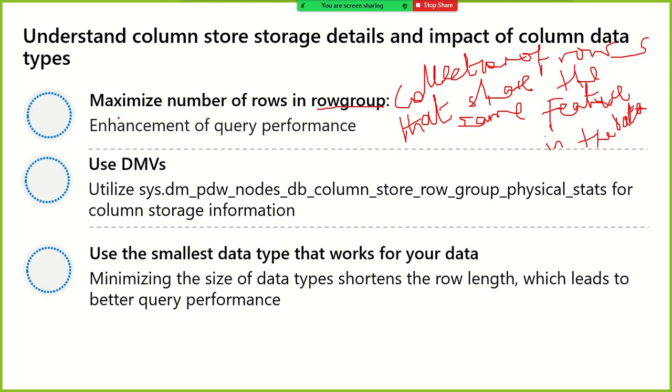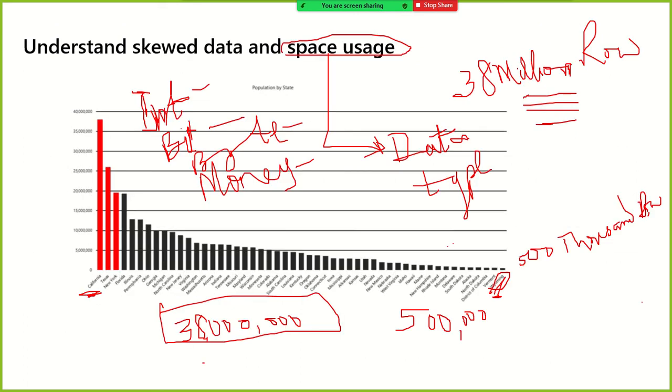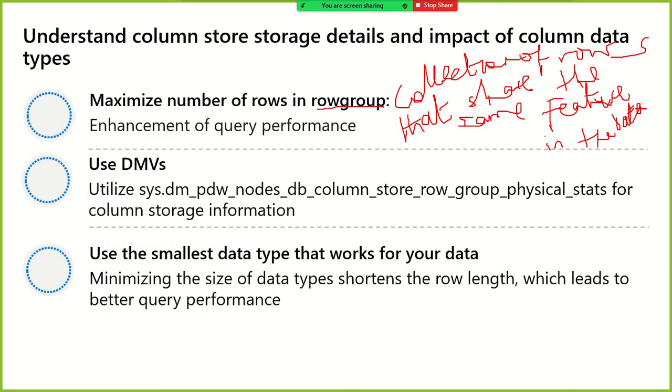So we can maximize the number of rows in our row group. If you have a column of data that contains US states, like we mentioned before, a potential row group example will include that all the data beginning with the same state should belong to the same row group. An example would be to create a row group for people in CA, that is California.